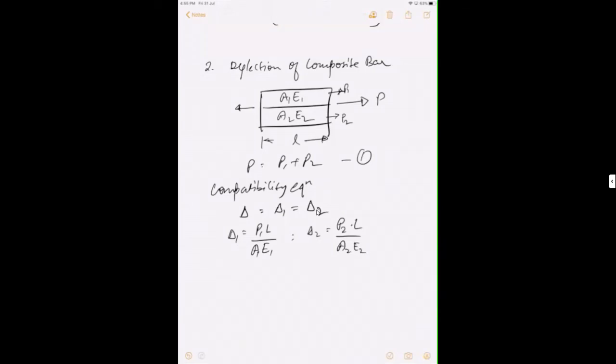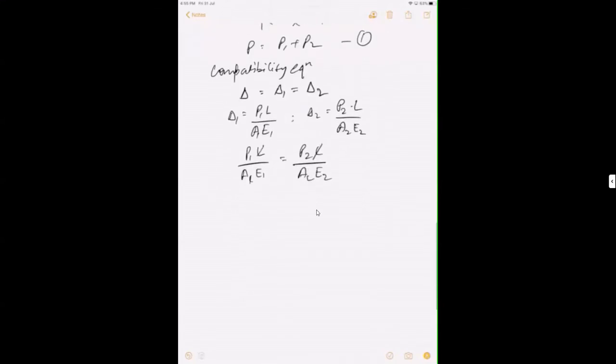Now from the compatibility equation I can equate these two values: P1 L upon A1 E1 is equal to P2 L upon A2 E2. L is constant, so we cancel it. Now I can take out the ratio P1 by P2, which comes to be A1 E1 upon A2 E2. Now this is my second equation.